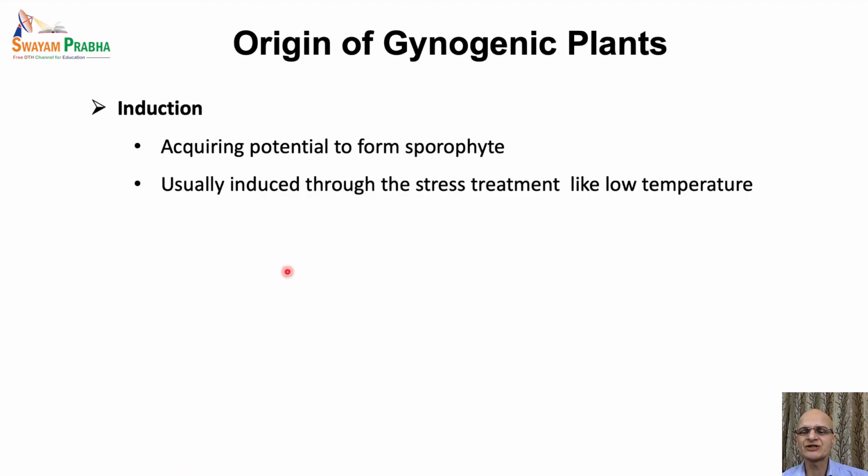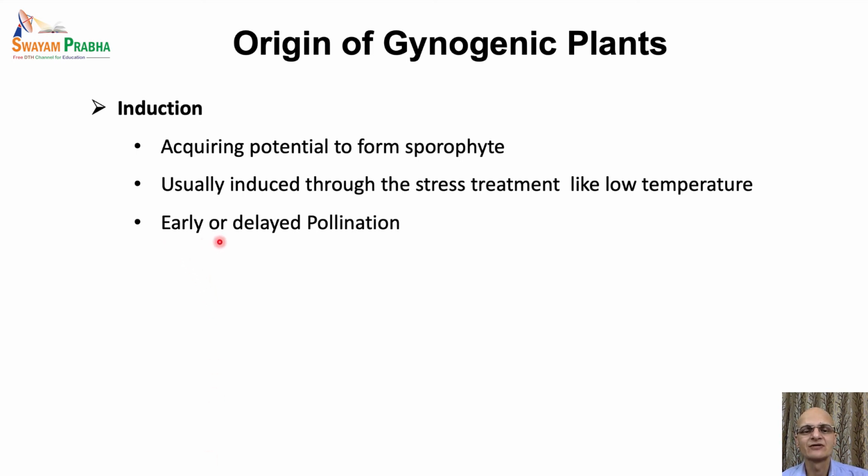Usually low temperature treatment is most commonly used for the induction of gynogenic responses. However, other factors like chemical treatment, starvation, incubation in the light or in the dark can also impact the gynogenic responses. Pollination and germination of the pollen on the stigma also signal the female gametophyte to initiate the sporophytic development specific expression profiles.